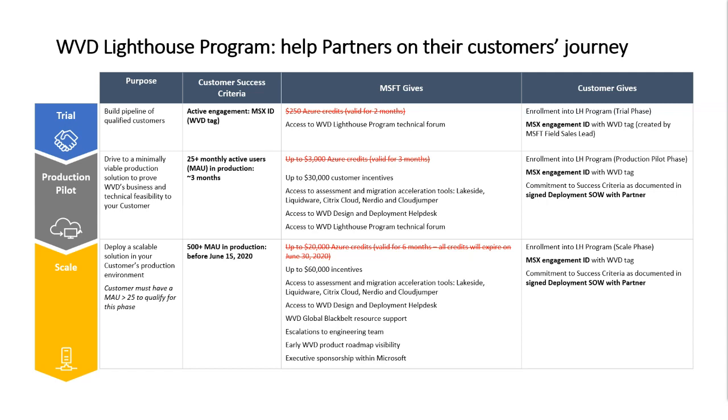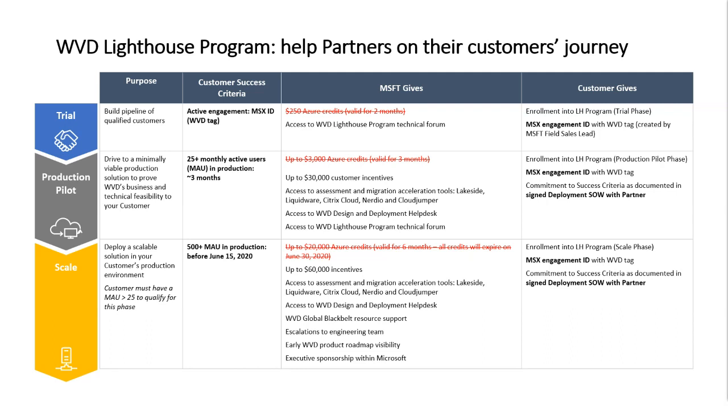If you have at least 100 users, then you should be looking at the WVD Lighthouse program, right? Because there are 3 phases to it. In SMB, we might not actually reach the 3rd phase, but each phase is exclusive and independent of each other. So you can enter each phase at any time. You can even skip the trial phase if you want to.